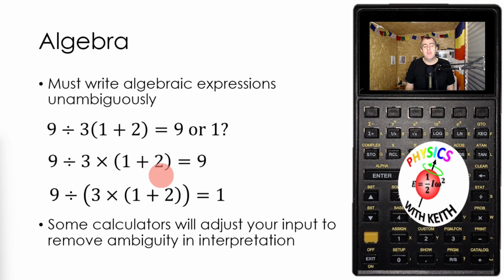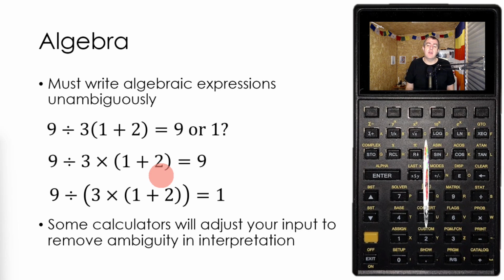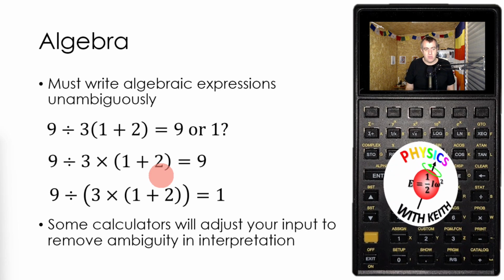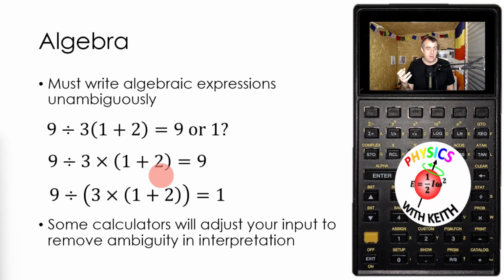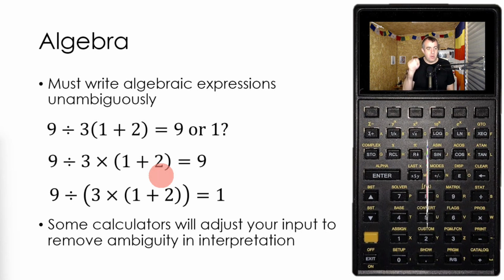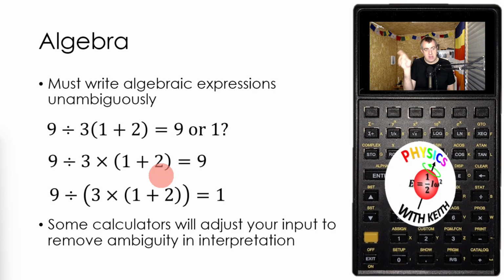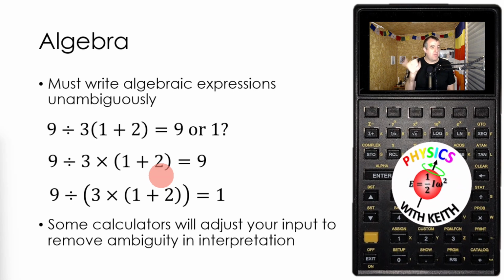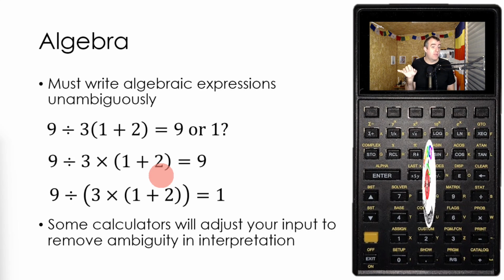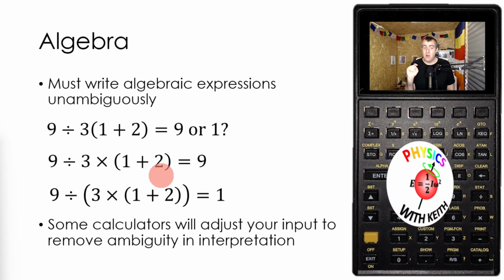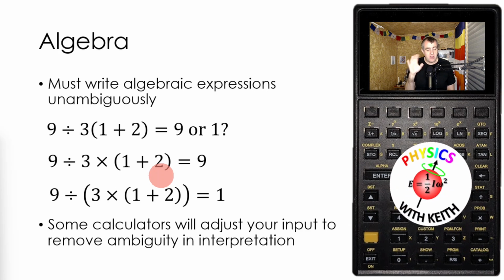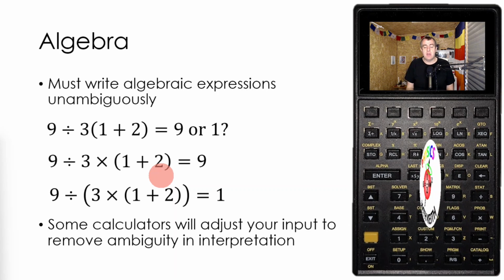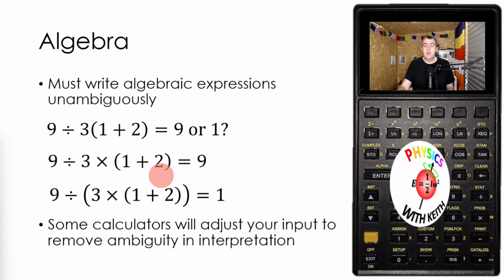We do have to be careful of doing this because sometimes brackets aren't used in this way. If you're working with functions, for example, f open bracket and then a bunch of letters, then close bracket, what's in the brackets there are the variables of that function. They're not multiplied by that function. So the notation of brackets we have to be careful with.